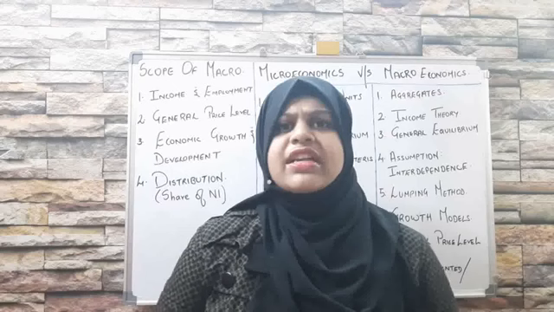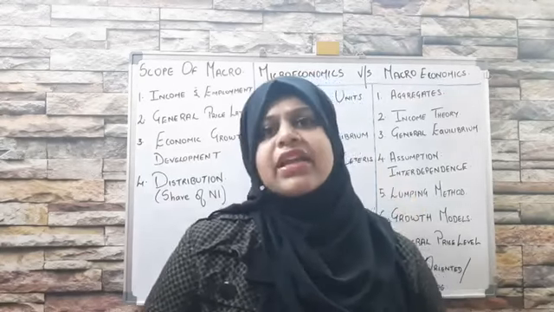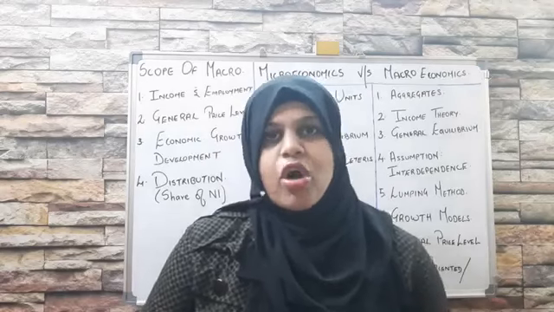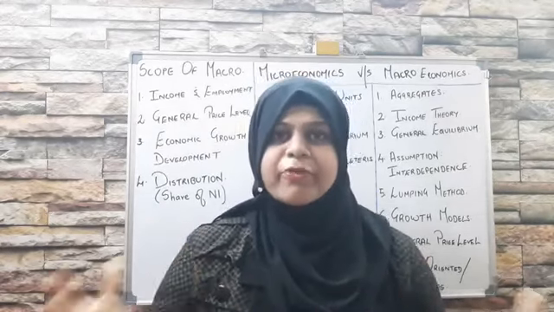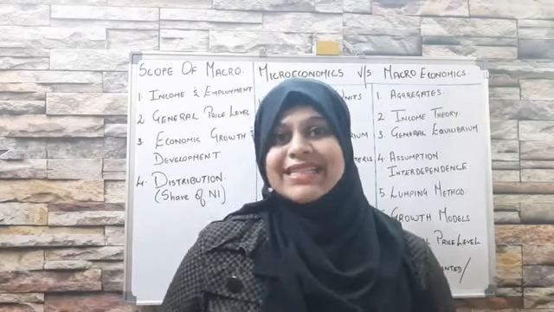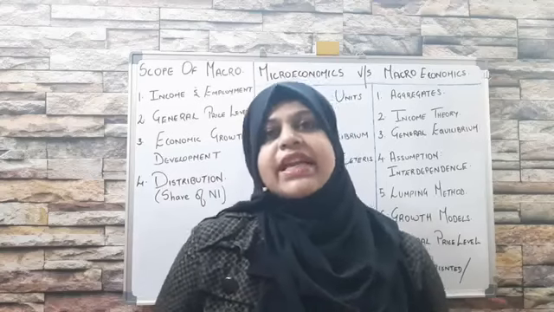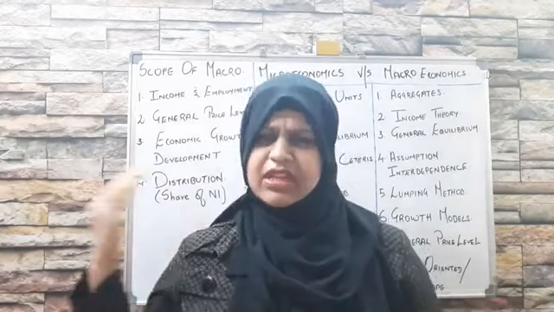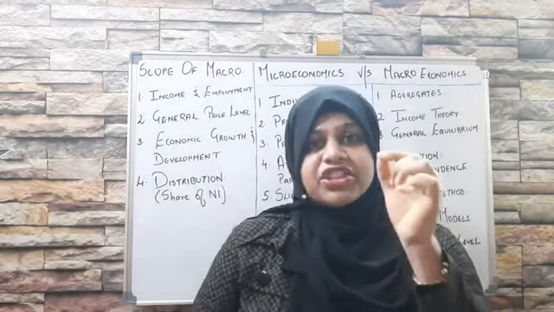There are many theories given by many economists. One best example I can give you is the Harrod-Domar model, whereby the two economists, Harrod and Domar, come up with a model studying growth and development in an economy. One thing I would like to highlight here is the GDP.